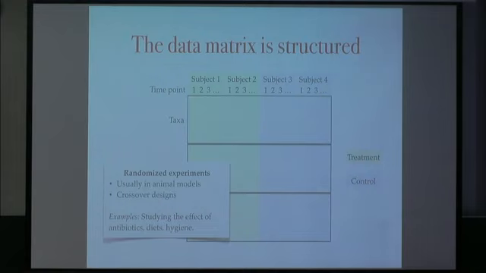That's rare. It's possible that the yellow group is a treatment group that is randomized in some fashion. This is more common in animal models, of course, but it has been done in human studies to study the effect of antibiotics, for example, or different interventions that are not too drastic, like diets or hygiene.